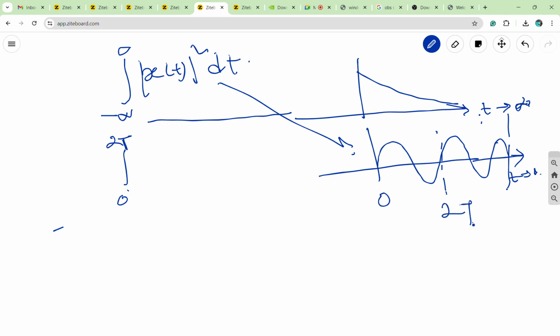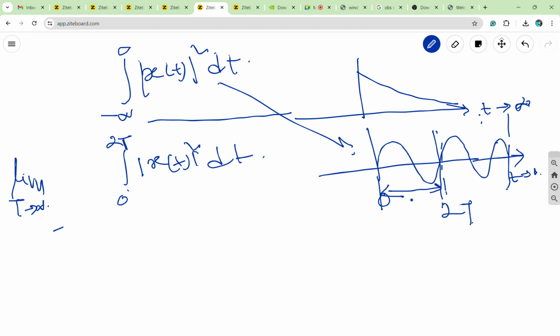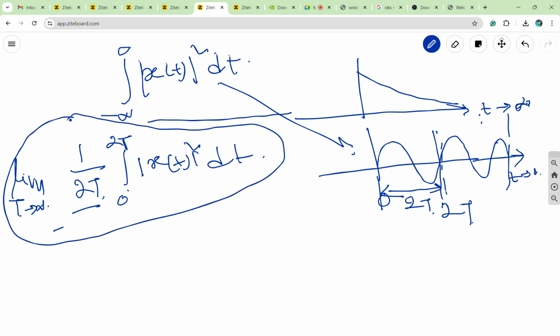This is 0, this is 2T. Within this interval, we just calculate the energy, right? Yes, sir. And then the same thing is repeating, so it goes to t tends to infinite. And then I have to divide by the duration, which is 2T, so 1 by 2T. So this is the power, right?